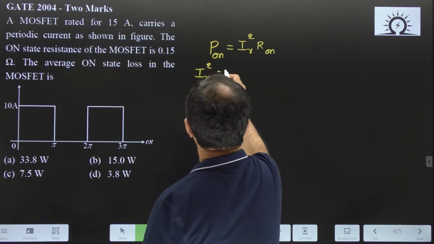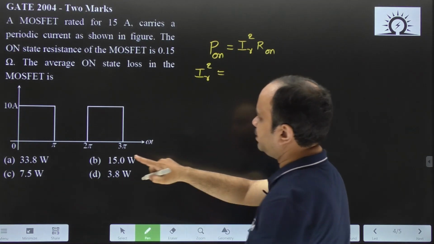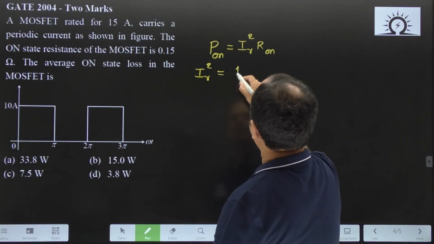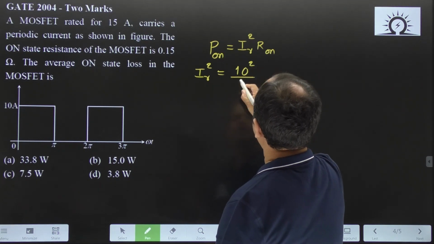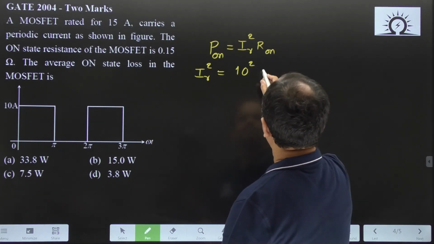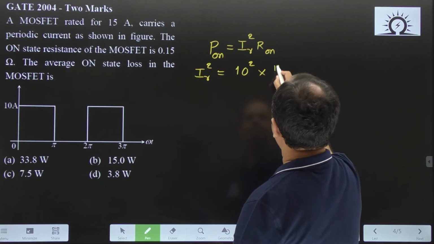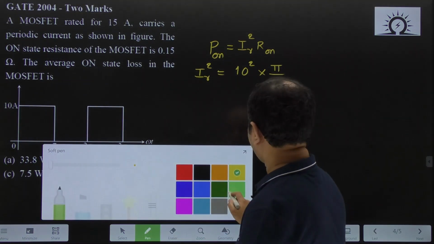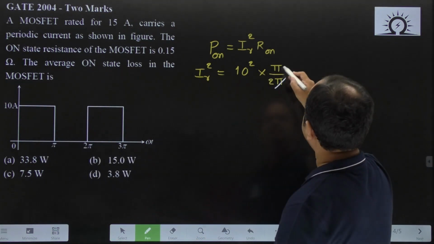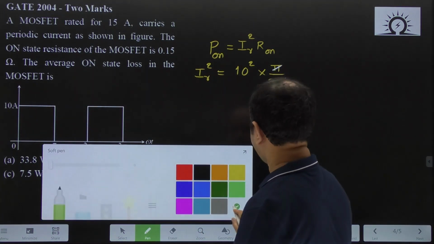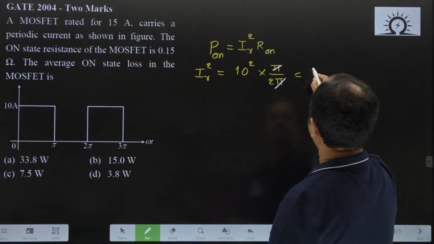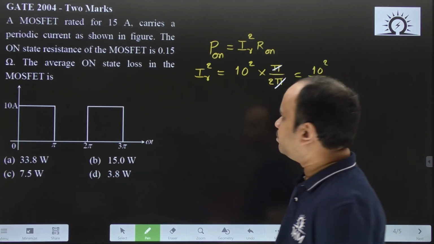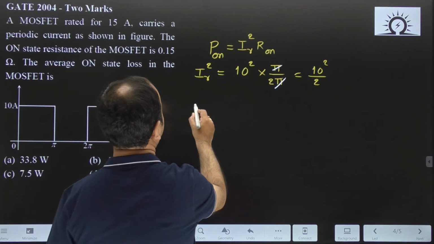I_RMS squared is equal to, because the waveform is a square waveform, magnitude squared into the function duration, that is pi, divided by one full cycle. Therefore, pi can be cancelled and this value is equal to 10 squared divided by 2.